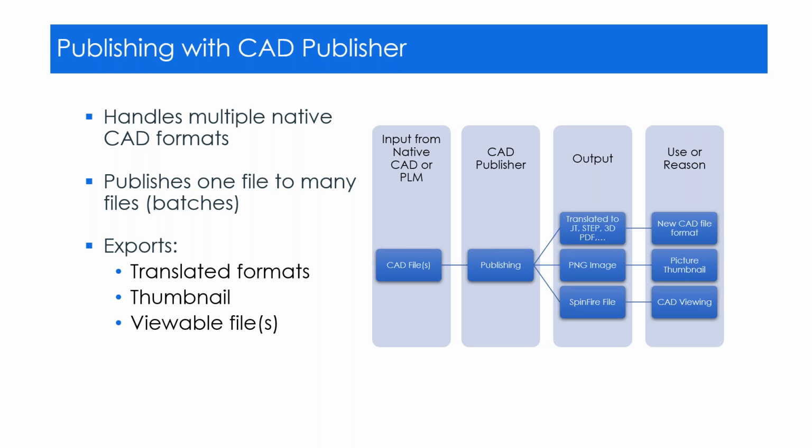It could be a single part, or it could be a zip file from a designated folder, and convert those CAD files into other formats: SpinFire Ultimate, an image or a thumbnail file, or other formats like STEP, IGES, or JT, and others. Then process those files into a designated folder, and using the power of your server, convert those files into other formats. What we see is this saves a lot of time for companies. You don't need to have that dedicated person.